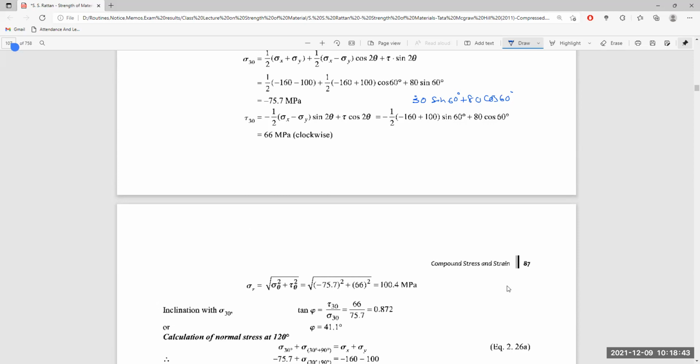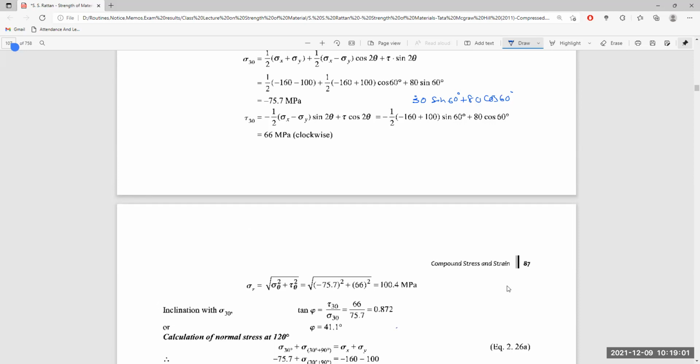So this will become 100.4 MPa. The inclination is tau 30 by sigma 30, 66 by 75.5, which is equal to 0.872, so phi becomes 41.2.